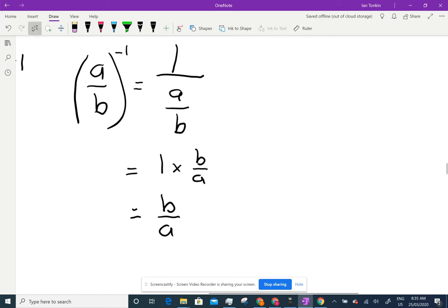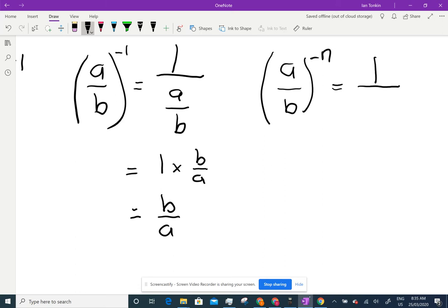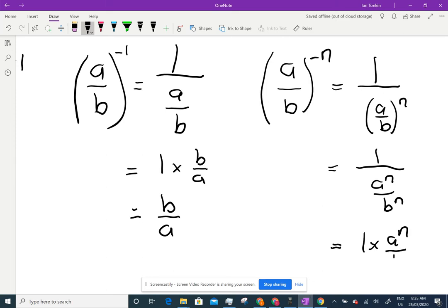And that happens when you have A on B to the negative n. That's 1 on A on B to the n. That's 1 on A to the n on B to the n. Multiply by the reciprocal, 1 times A to the n on B to the n.